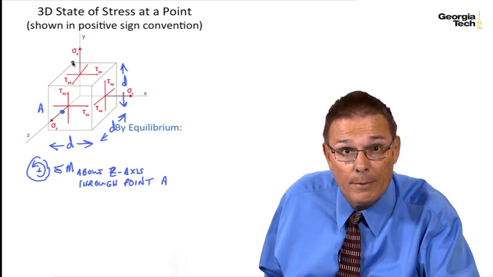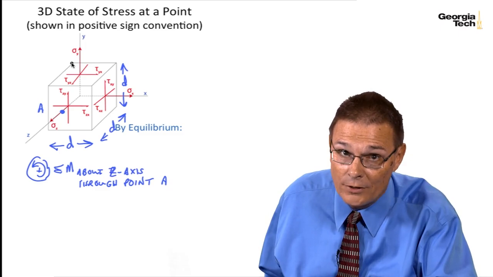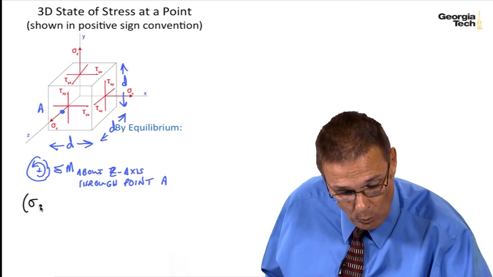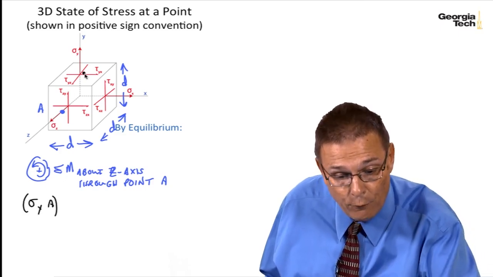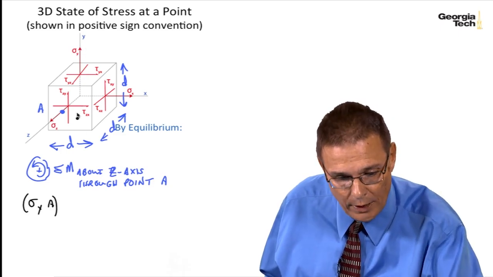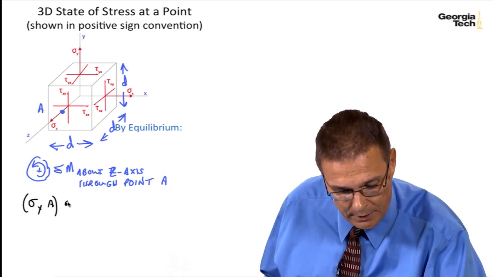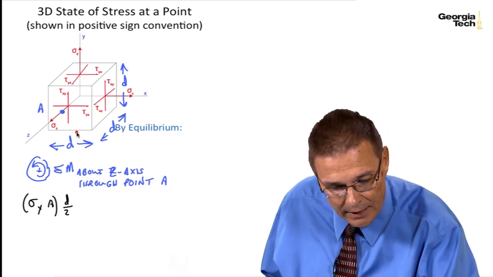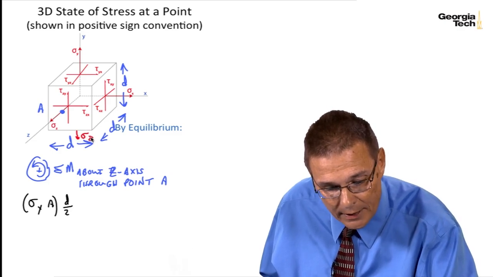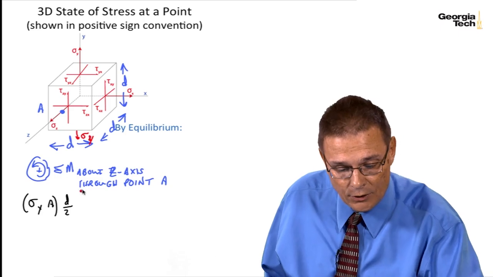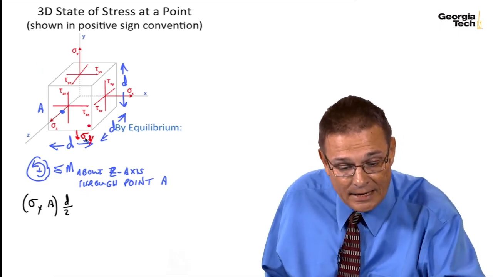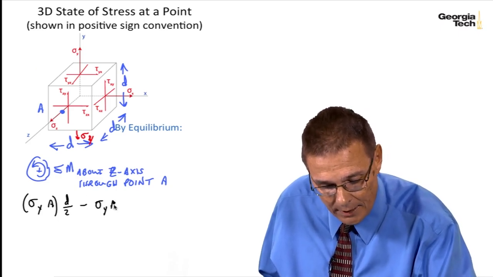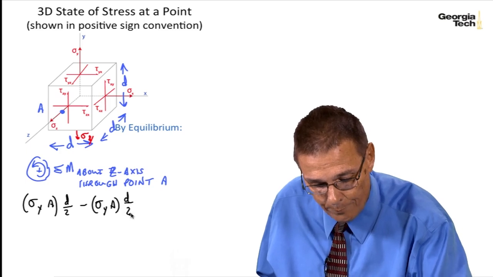Remember, we're summing forces now. Stress is not a force. Stress is a force per unit area. So we've got sigma y times A, which will be the force on the top face due to the normal stress, times its moment arm, which is going to be d over 2. And then remember, I'm going to have an equal and opposite sigma y down here on the negative face. And so that's going to cause a clockwise rotation. So that's going to be minus sigma y times A times d over 2.